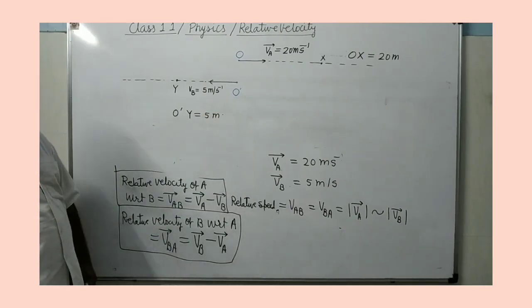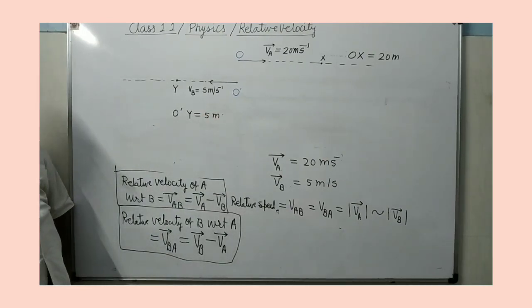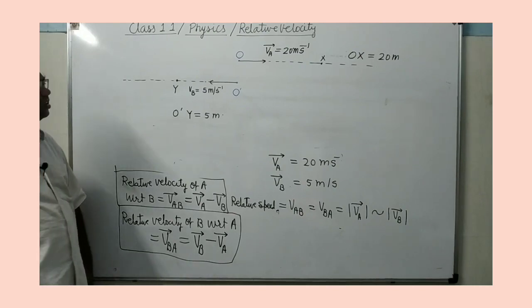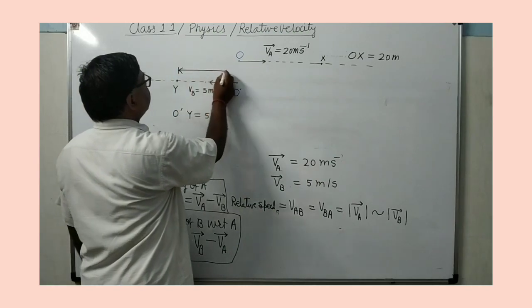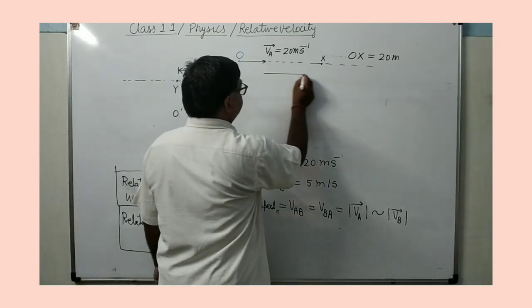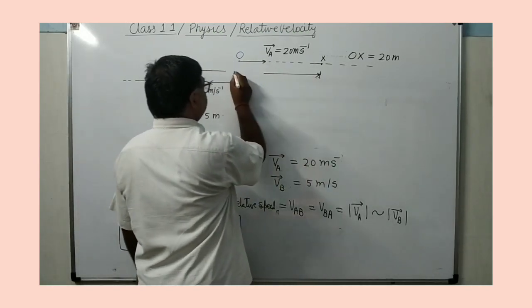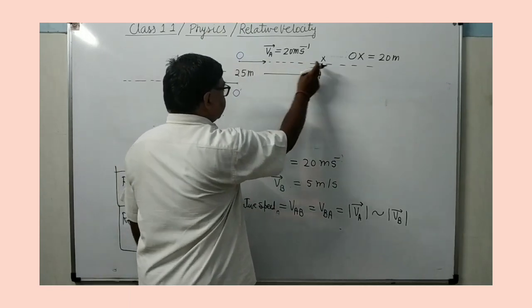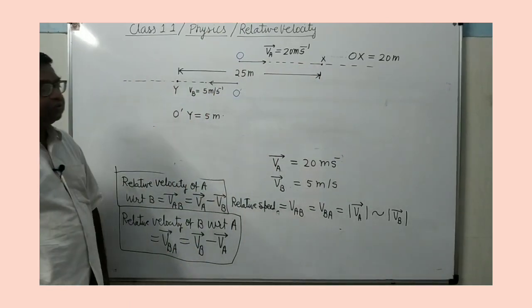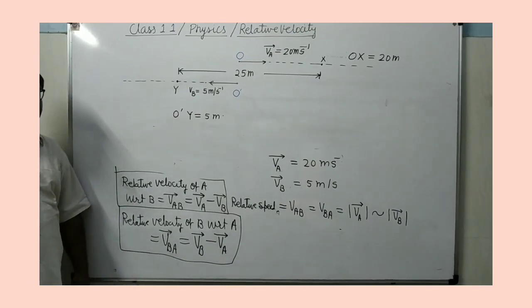So after 1 second, when you see the separation between them, you will find that the separation between them will be equal to 25 meter. 20 meter this, 5 meter this, means 25 meter. It's clear?